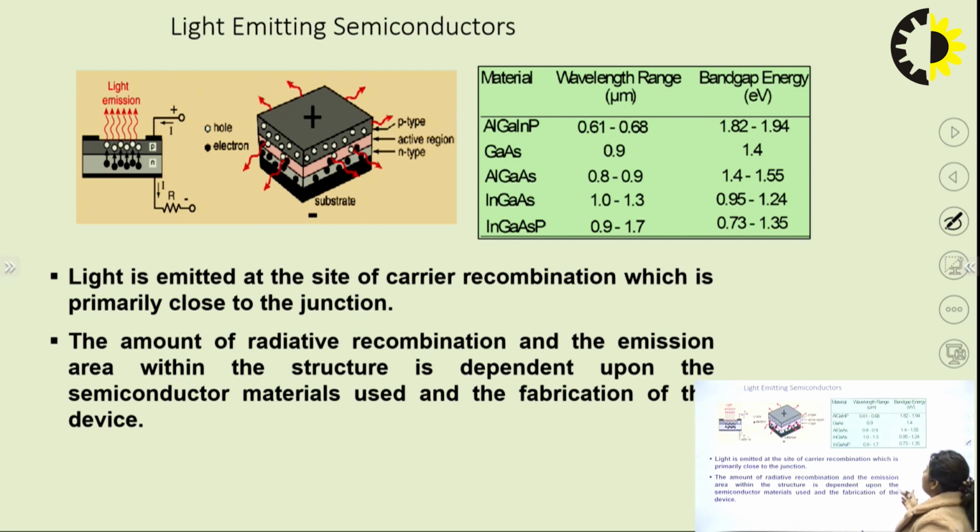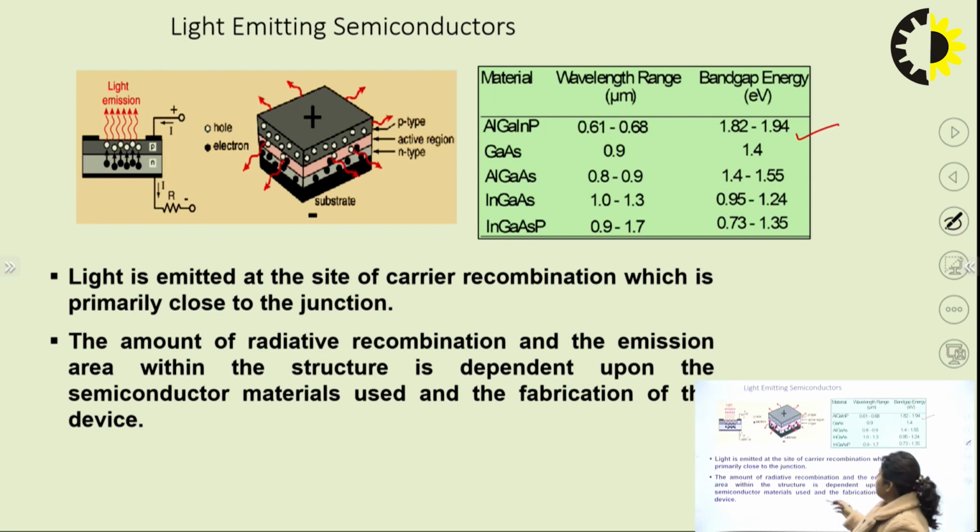If we talk about aluminum gallium indium phosphide, which is a quaternary compound, it has a wavelength range of 0.61 to 0.68 and a band gap energy around 1.82 to 1.94. Similarly for gallium arsenide, it is 0.9 and the band gap energy is 1.4. So we have a list of materials with which we can form our light emitting semiconductors having different wavelengths.